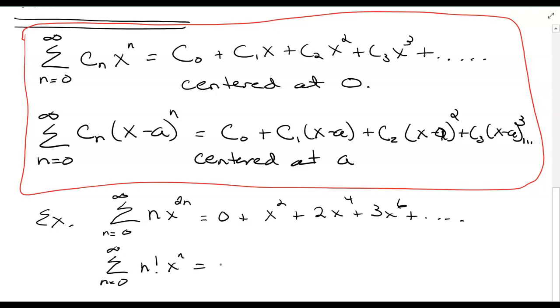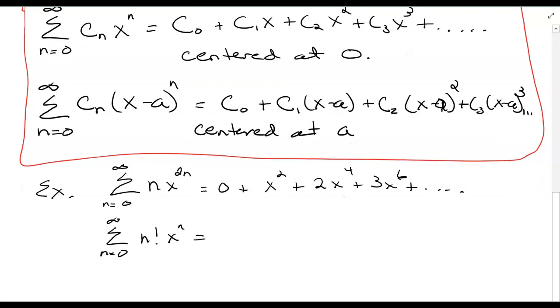These are still centered at 0. So the first term is, don't forget, what is 0 factorial? Do you remember what 0 factorial is? That equals 1. If you don't know that, that's an important little piece of information.